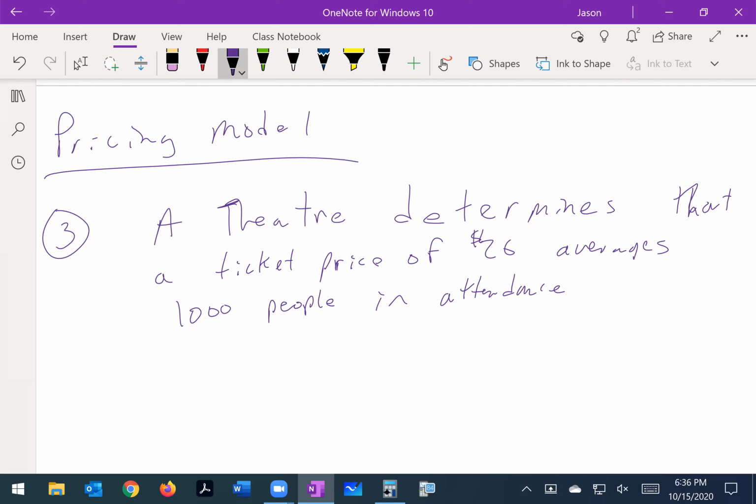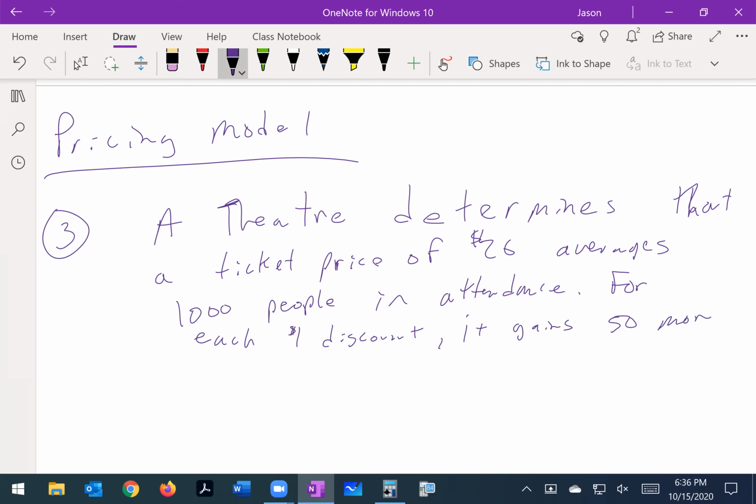A theater determines that a ticket price of $26 averages 1,000 people in attendance. Okay. For each $1 discount, it gains 50 more customers.